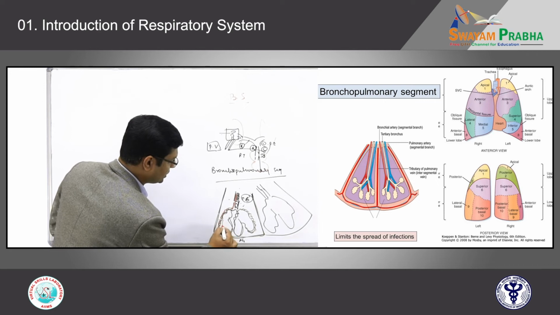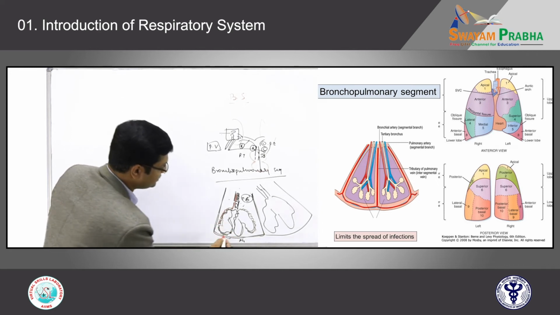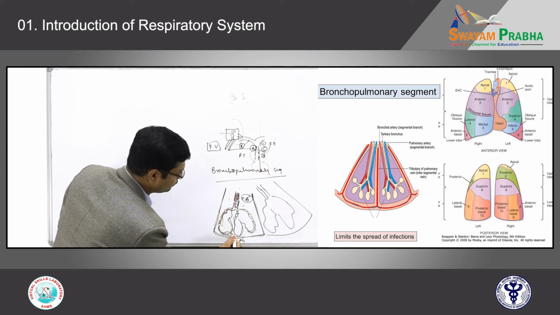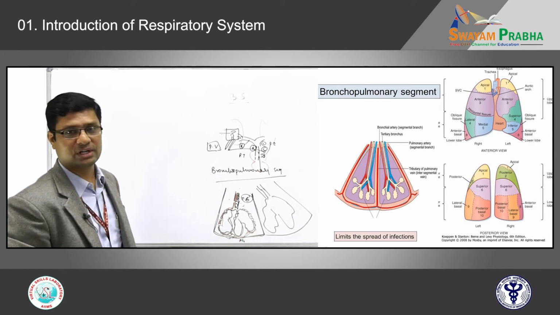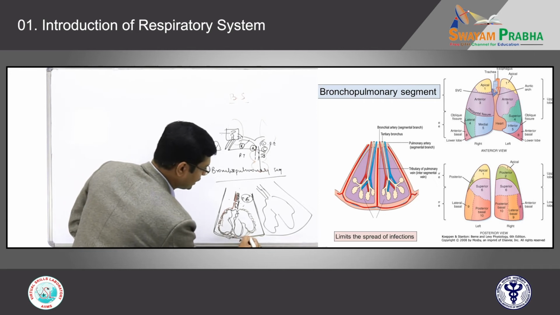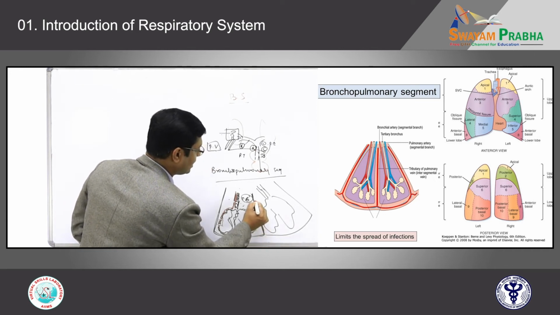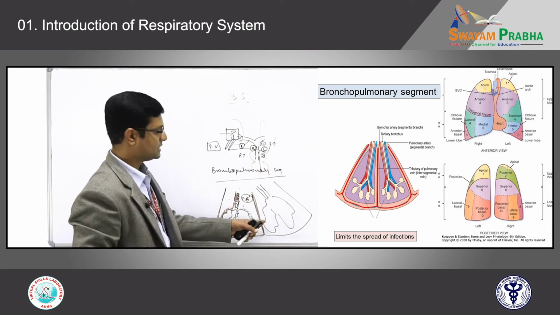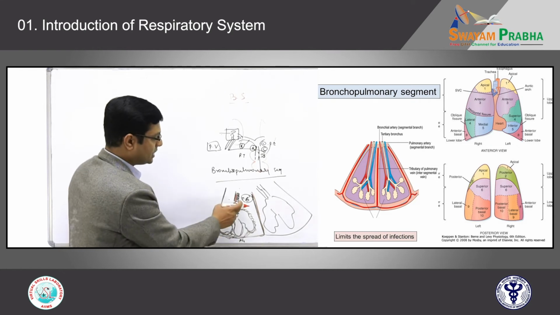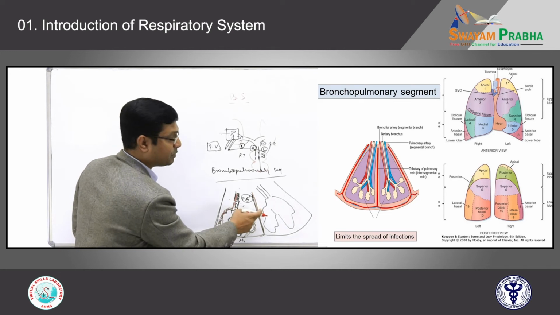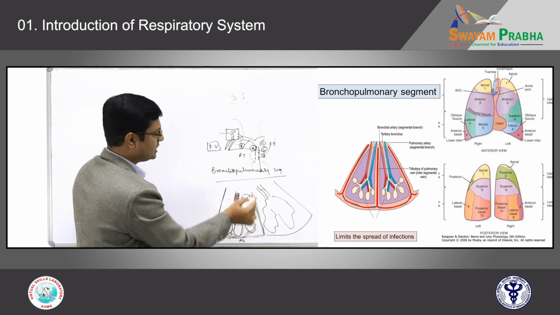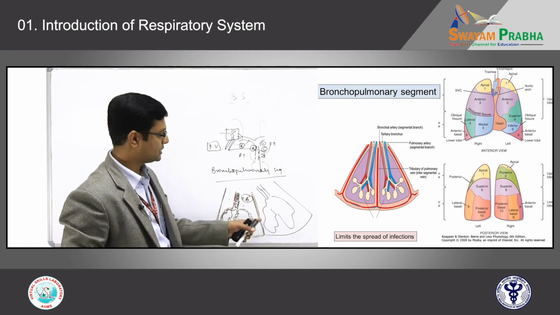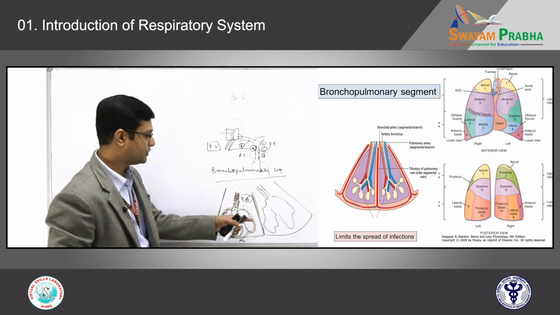Once oxygenation takes place here, these plexuses will again combine together to form one more vascular channel. We call it the pulmonary veins. These pulmonary veins will traverse along the septae. In the center, along with the terminal bronchiole, we have a branch from the pulmonary artery, but the pulmonary vein tributaries will be present in the septa, each septa of the bronchopulmonary segment. So, all of you should remember.